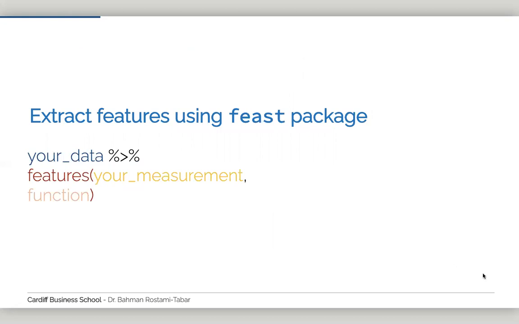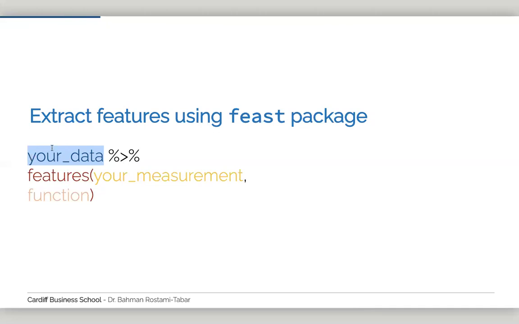Here I'm introducing a sort of template: what is the function in feasts that we can use, and what is the template to extract the features. Here you have your data, and this data must be in a tsibble format. It's not a table or a data frame, it must be a tsibble. And of course, if you don't know what a tsibble is, you need to go and read chapter 2.